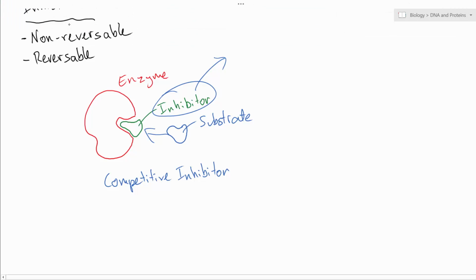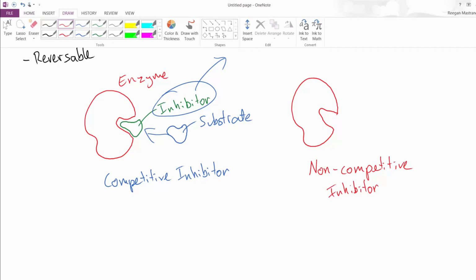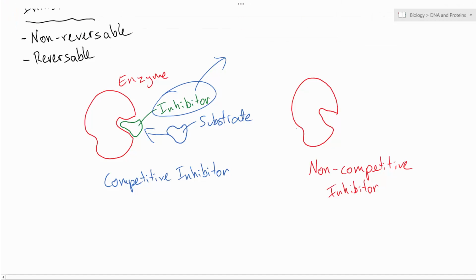Now, the other type of inhibitor we see is a non-competitive inhibitor. And what this will do is this type of inhibitor tries to bind to a different location.